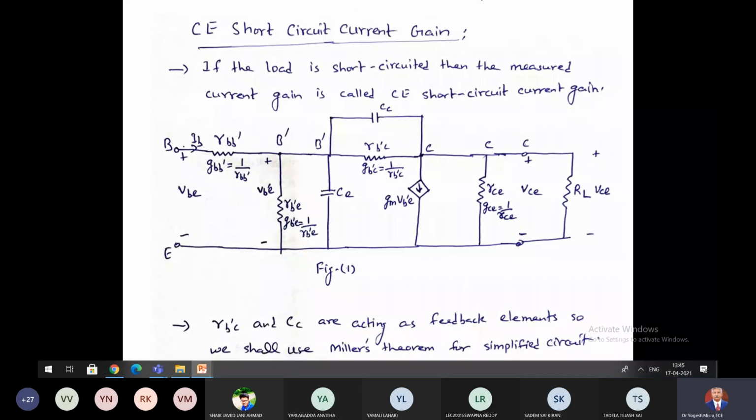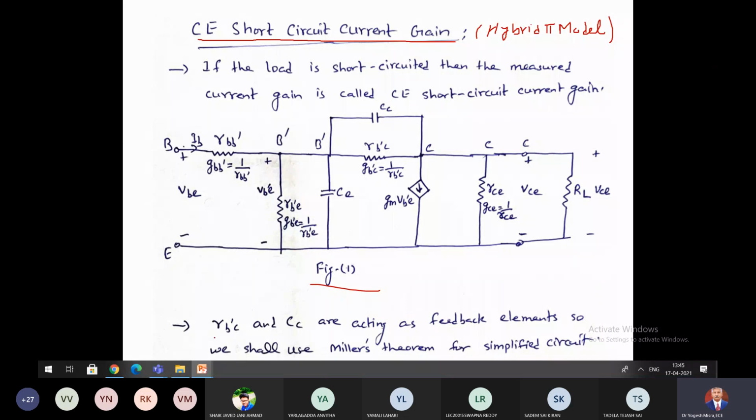Now we will find the common emitter short circuit current gain. This is an important question from the examination point of view also. For this we will use the hybrid pi model, which is figure 1.